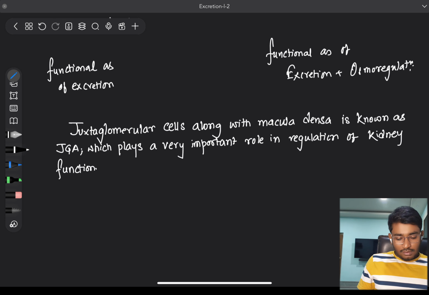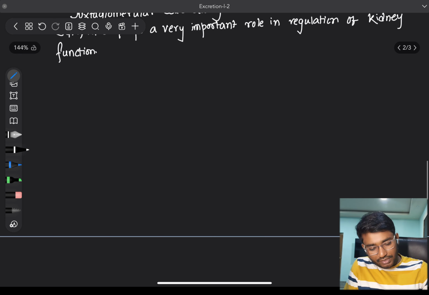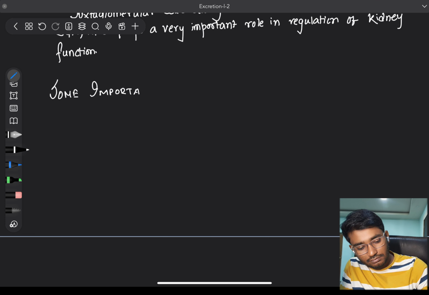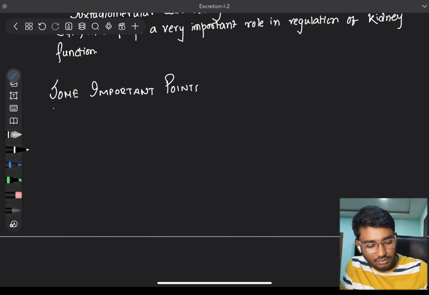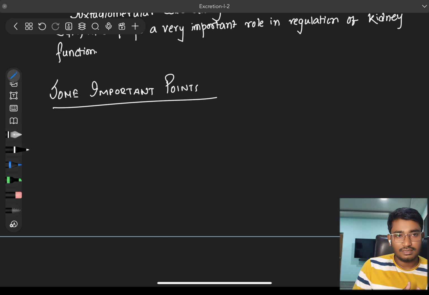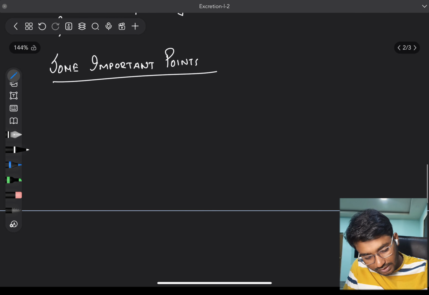Now, some important points to remember. These points are generally necessary before the examination. Just go through them.